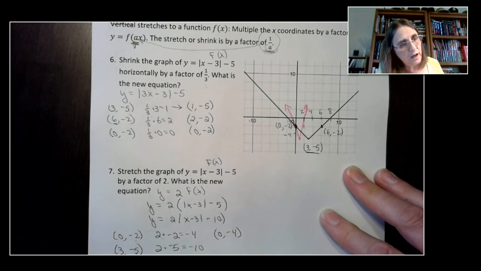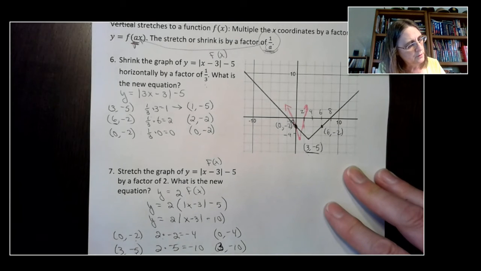Gives us negative 10. So we have the ordered pair 3, negative 10. And then our last point, 6, negative 2. Take our y coordinate again and multiply it by positive 2, and we get negative 4. So we have the ordered pair 6, negative 4.